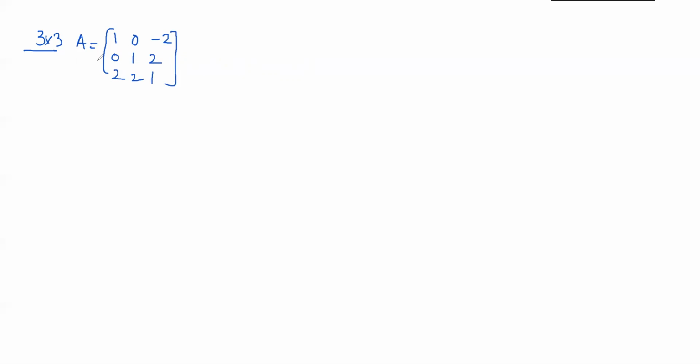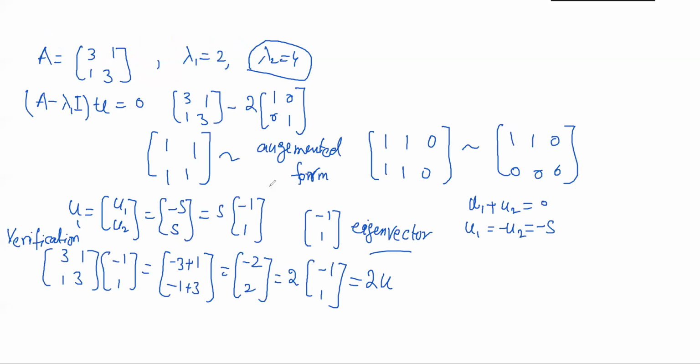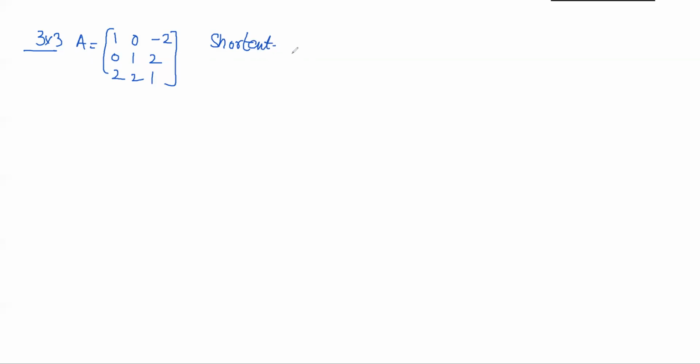Okay, so if we have a 3 by 3 matrix and we want to find its eigenvalue and eigenvector, here is the shortcut way, because earlier I wrote those equations for the explanation. For finding the determinant, what we will do is subtract lambda from the diagonal members.